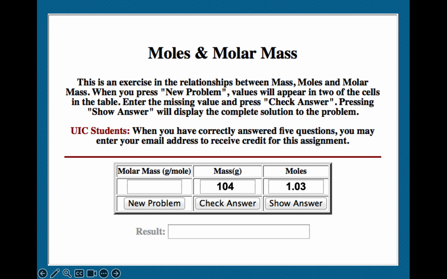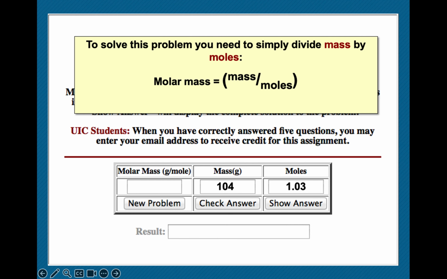To do these, you need to remember the fundamental definition, and that is molar mass is simply mass divided by moles. Here, we're looking for molar mass. We are given mass, we are given moles. We simply divide them, and we get 100. So 3 significant figures.